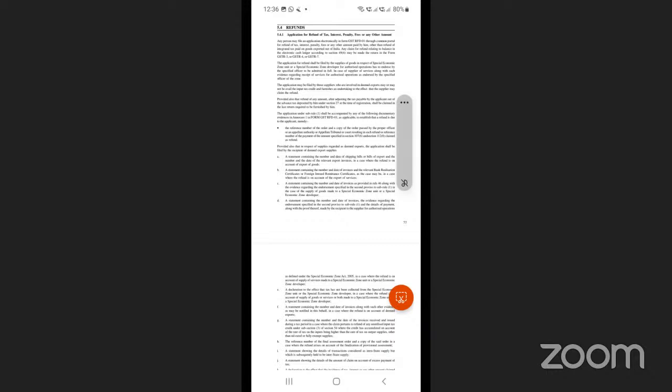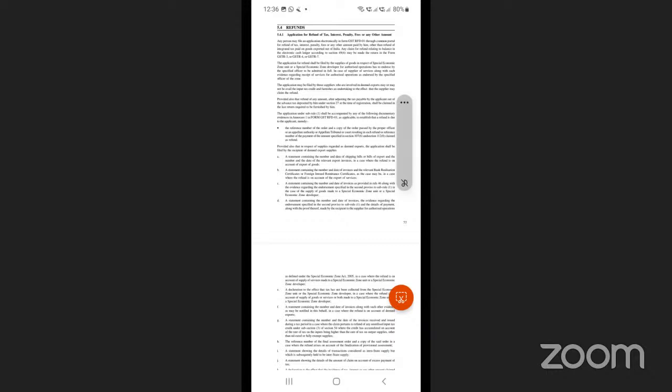And whether a declaration has been collected from the special economic zone: if you have collected it, you may not be required to submit it, but as and when it is asked by the proper officer or the authorized person, we are supposed to prove it.